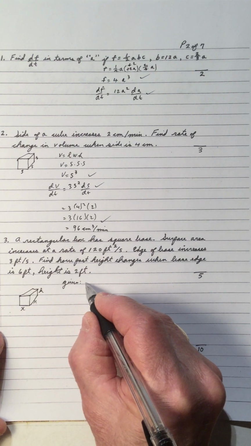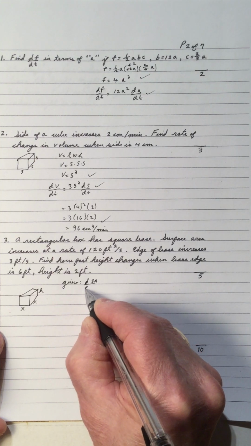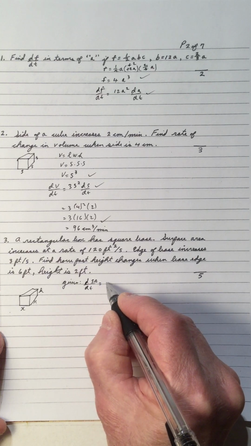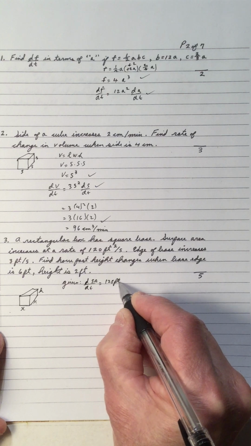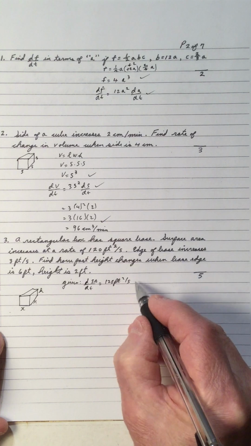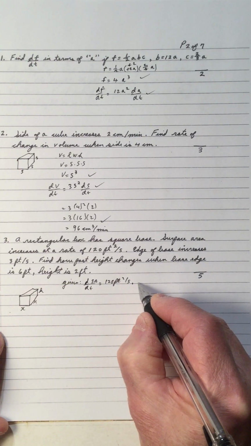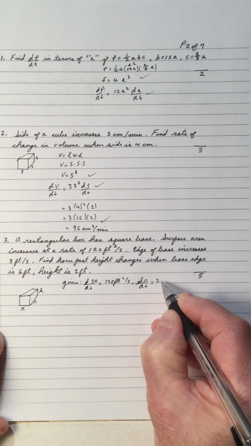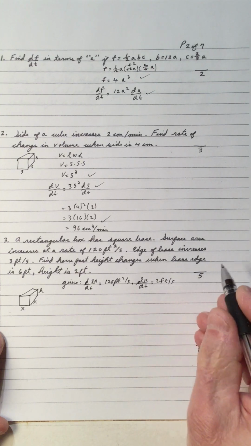So we're given a rate, the surface area, which I'm going to call SA. dSA/dt is 120 square feet per second. And the edge of the base increases at 2 feet per second, so dx/dt is 2 feet per second.